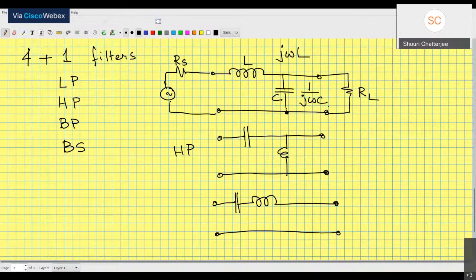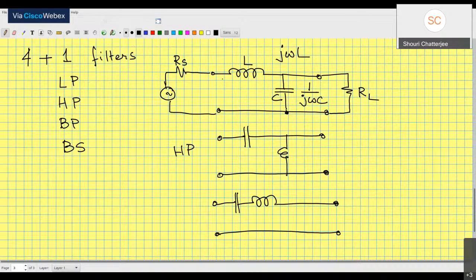If omega is large, the inductor is an open circuit. Similarly, for the capacitor, if omega is small, the capacitor is an open circuit. If omega is large, the capacitor is a short circuit. This is pretty much the idea. Now, that's how you build the low pass filter.